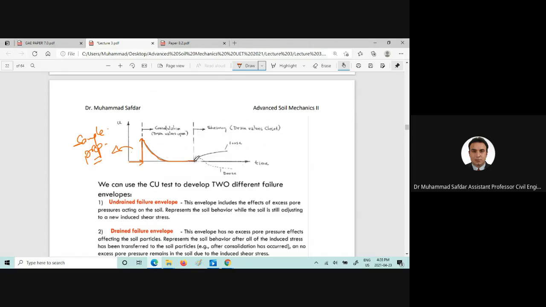After that, if it's a loose sand, the pore water pressure will increase, and for dense sand, it will be in this condition. So if you want to draw the pore water pressure versus time behavior, that's how the pore water pressure variation can be seen in the consolidation and shearing stages.